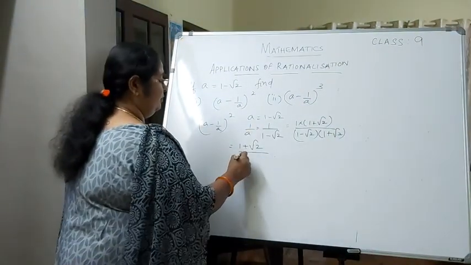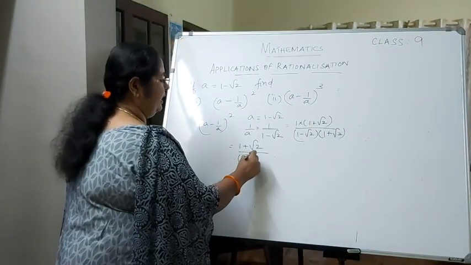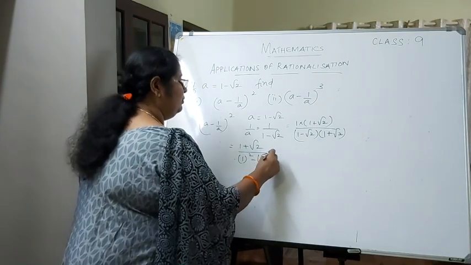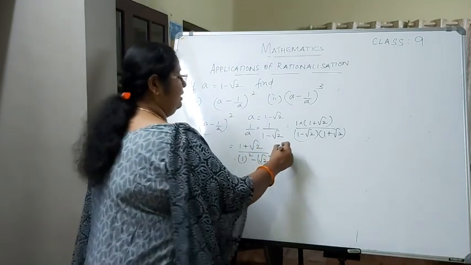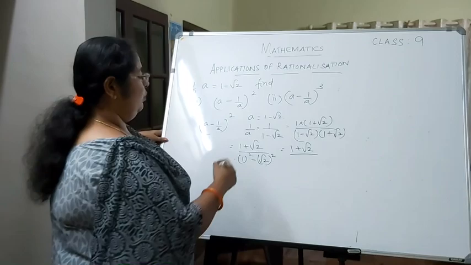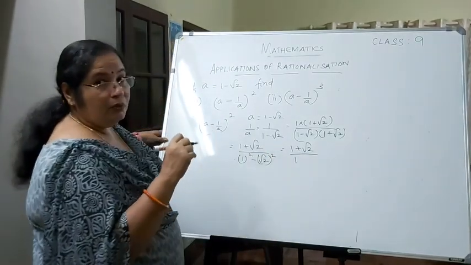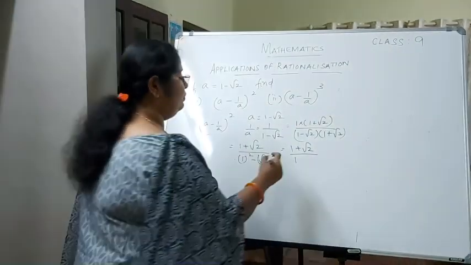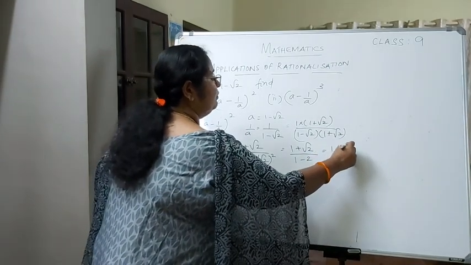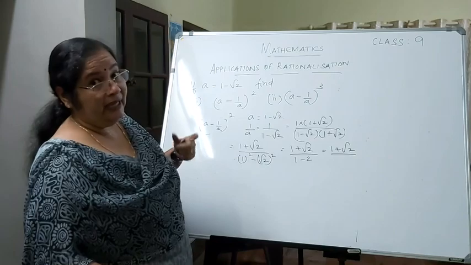Our a is 1, so 1 square minus root 2 the whole square. This is equal to 1 plus root 2 divided by 1 square is 1, root 2 the whole square is 2, so 1 minus 2. Or this is equal to 1 plus root 2 by 1 minus 2.